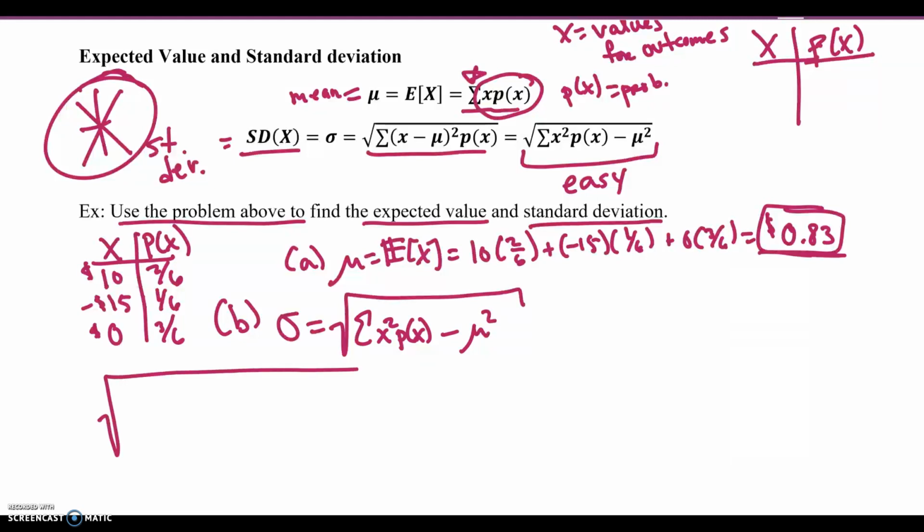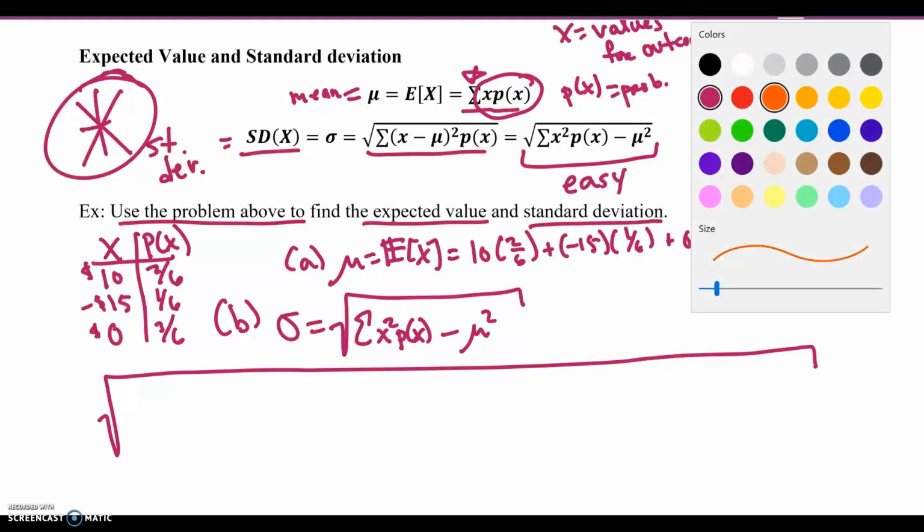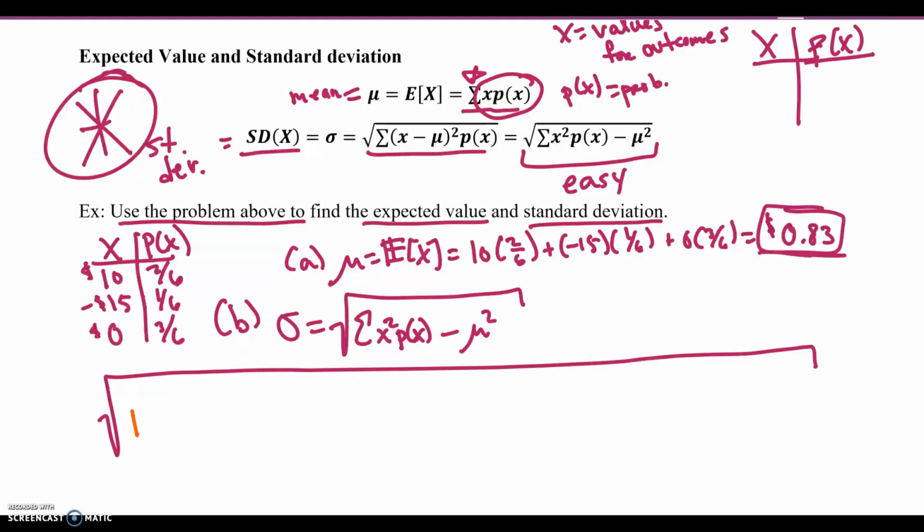First I'm going to take the square root and make it big. The first thing I'm going to do is take all of my x's and square them. So I'm going to take 10 and square it, take this negative 15 and also square it, and take the 0 and also square it, because that's what this tells me.